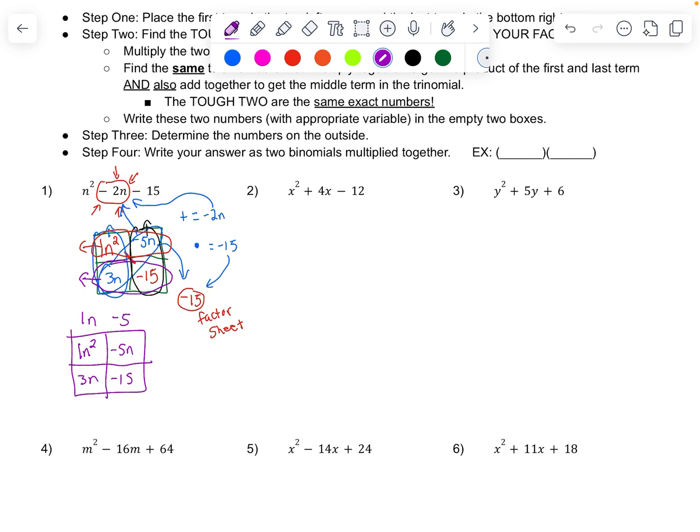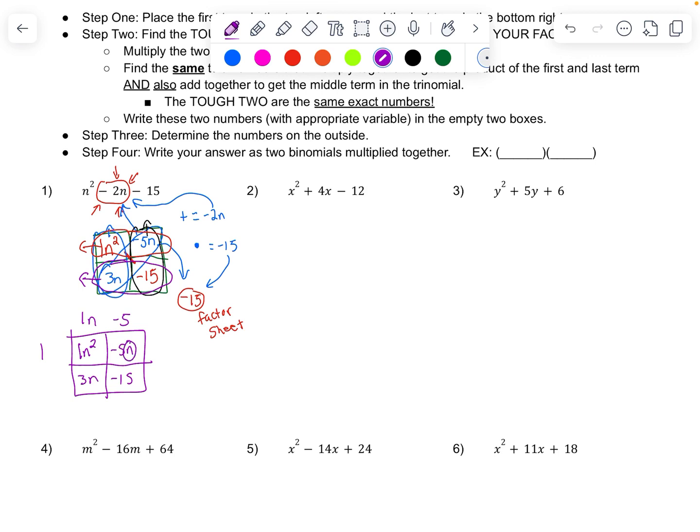Okay? Now, top row, I'm going to put where this star is. I'll put my answer eventually where I just put that star. I'm looking at 1n squared and negative 5n. Okay, if I think about the numbers 1 and 5, the biggest number that goes into 1 and 5 is 1. And then I ask myself, do they both have an n? Well, here I have an n to the second, so 2 n's.